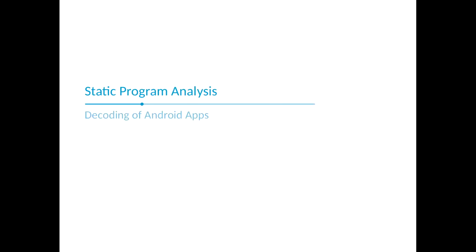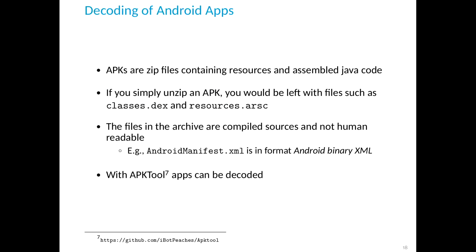After I was able to extract the Huawei Health app, I wanted to decode it to get some information out of it. In general, APKs are zip files containing resources and assembled Java code. And if you simply unzip an APK, you would be left with binary files.